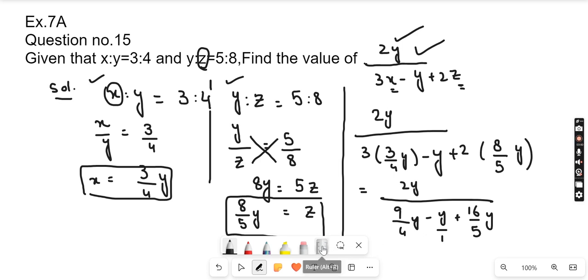Then for the further solution, I'm just drawing a line here so that you can see the whole question at once. You will take the LCM of the numbers in the denominator. It comes 20 and in the denominator this is 45y minus 20y plus 80.